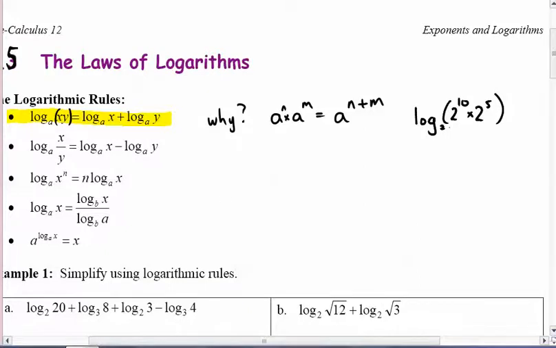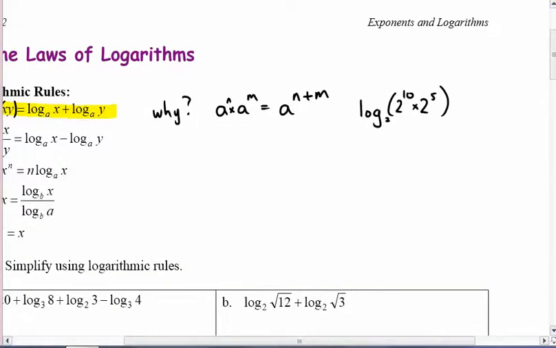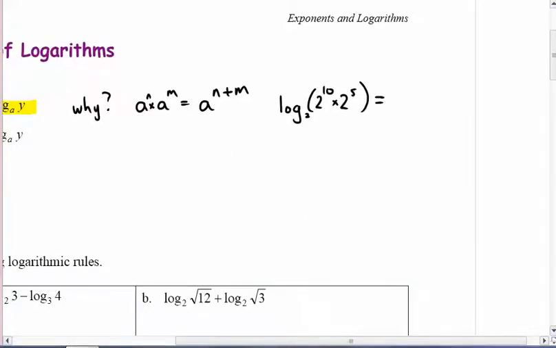And this is the same as log of 2 to the 10 plus log of 2 to the 5, which is just 10 plus 5. Okay, so because you can add the exponents when you multiply.